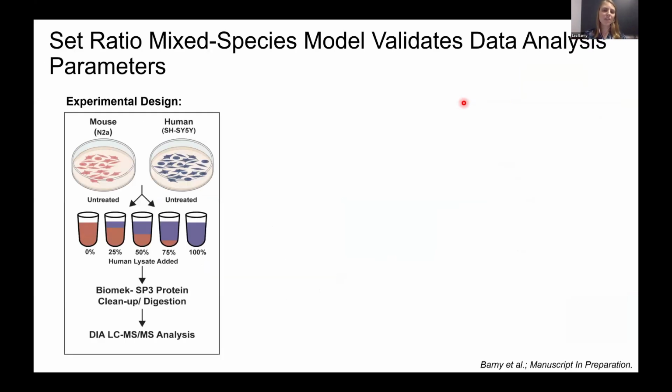So in validating our data analysis pipeline, we made a set ratio mixed species model. So human and mouse lysate were mixed. These are neuroblastoma cells in differing amounts of human and mouse lysate.